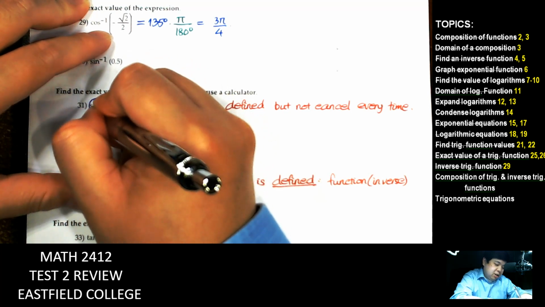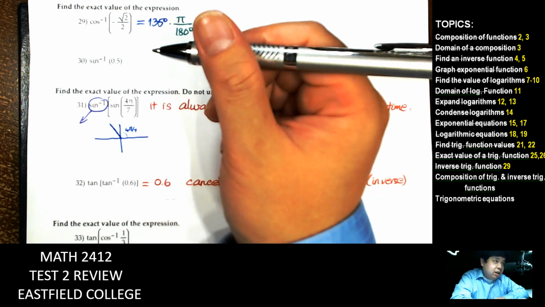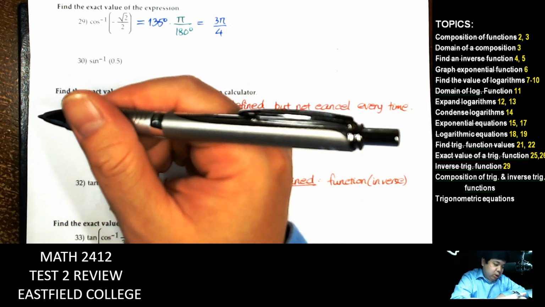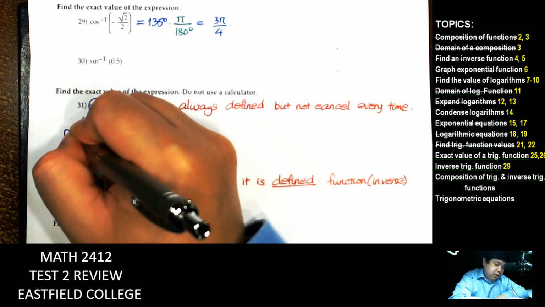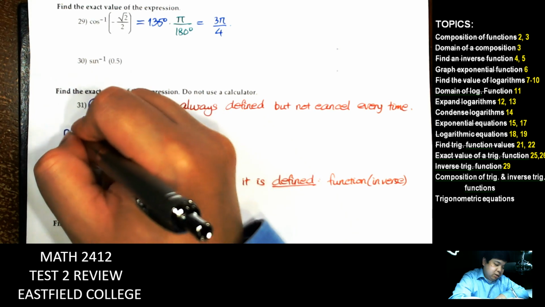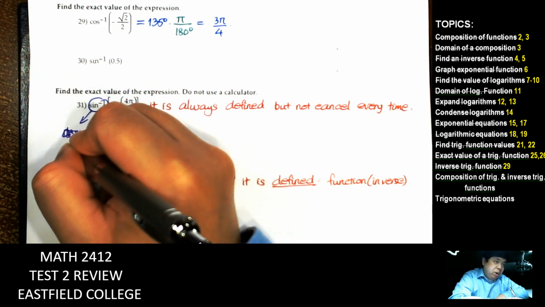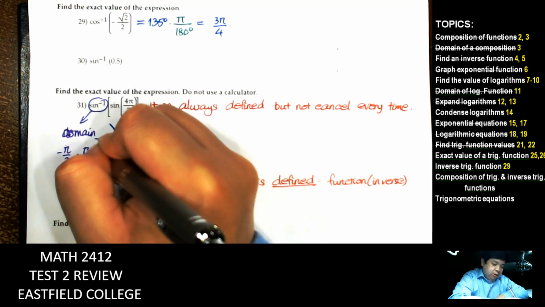So this sine inverse here, the domain and range, the range must be between negative pi over 2 and pi over 2.